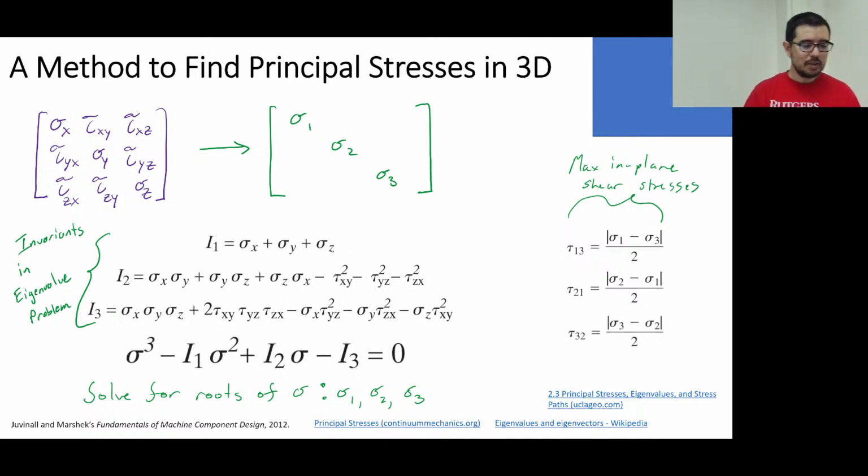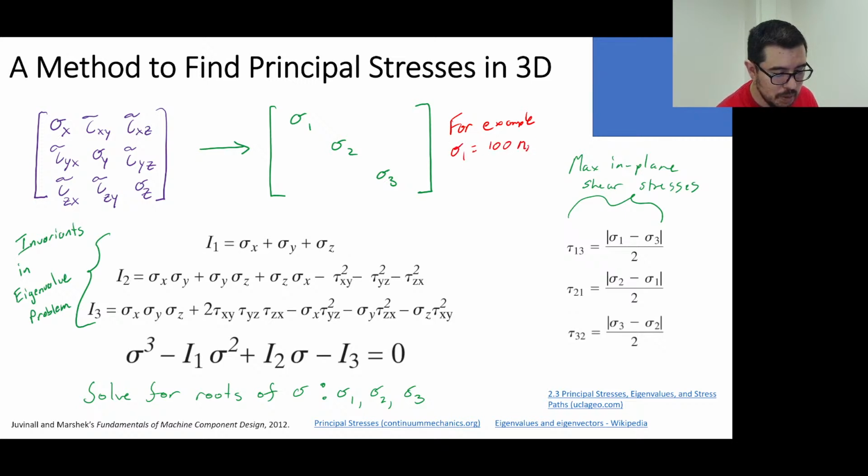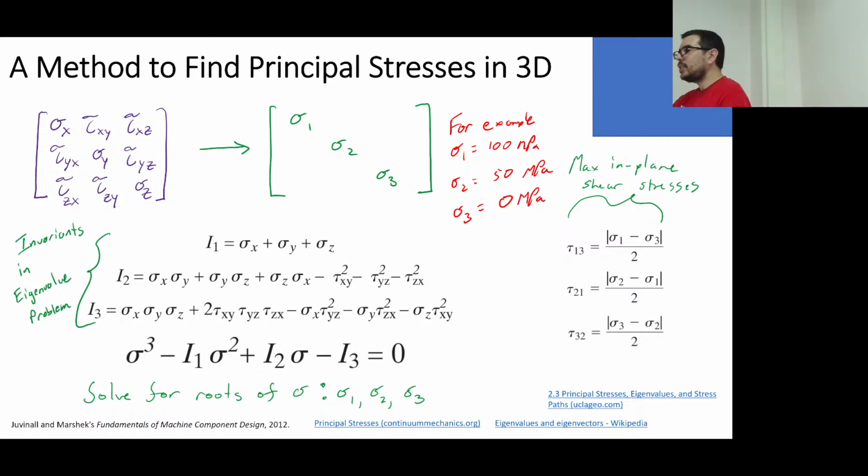Let's just say, for example, that you have sigma 1 equal to 100 megapascals, sigma 2 equal to 50 megapascals, and sigma 3 equal to 0 megapascals, all right? And I say, that's the state of triaxial stress. And you're like, hey, that's awesome.